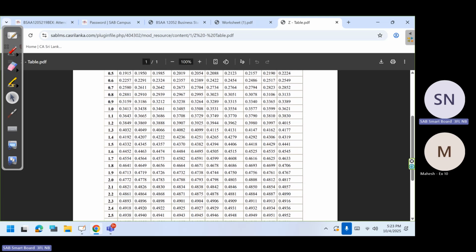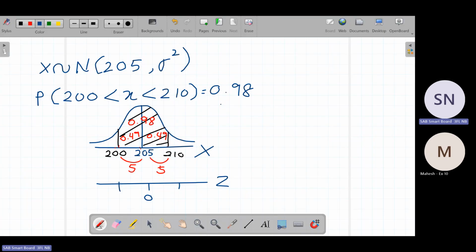This one is the nearest one. It means 2.33. Then we can say this side is minus 2.33. This one is plus 2.33. 0.98 is total probability. Then you find out the each area is what is the probability. Separately, you need to find out. Okay. Now clear?